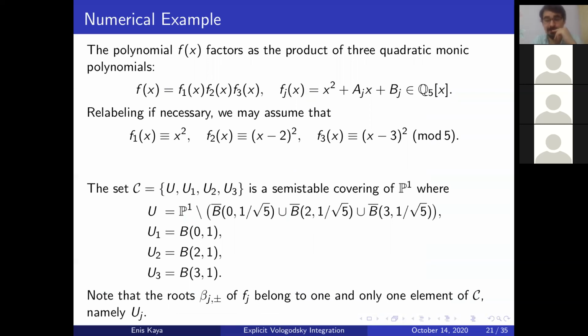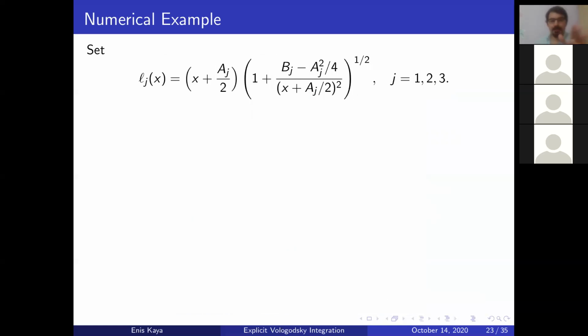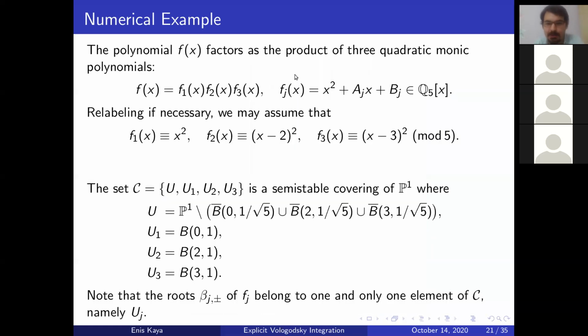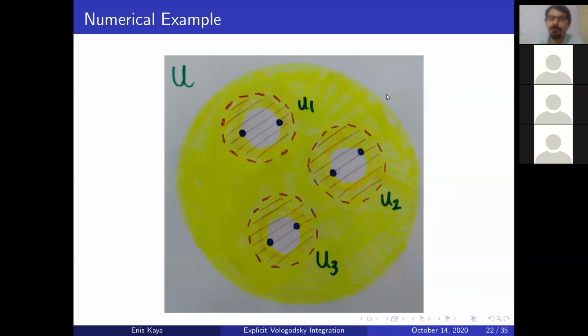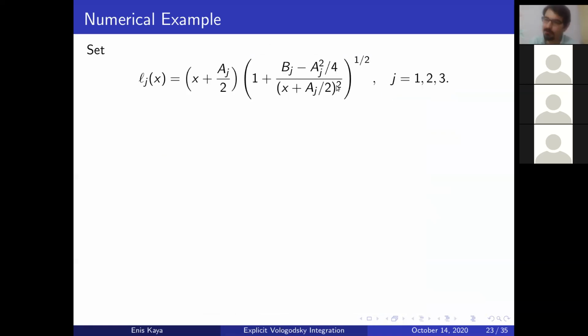Okay, then we will try to understand the inverse images of these elements under pi. So let me define an expression Lj in terms of Aj and Bj. We recall that Fj of x is just x squared plus Aj(x) plus Bj. Right now, it is not clear what this is, but I'm going to explain it.